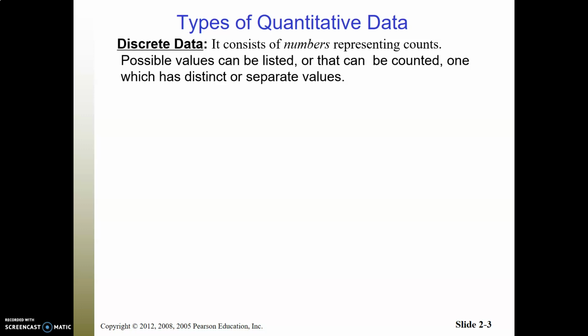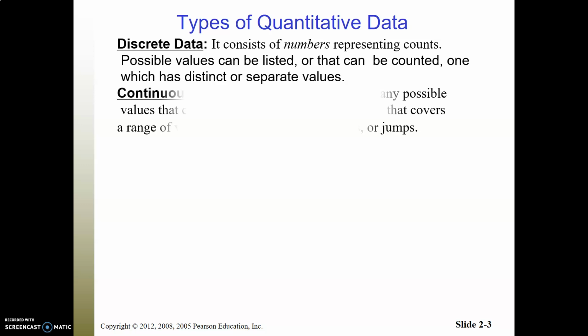For example, the number of students in my class, you can count them. The number of rooms in my house, the number of cars in your family, you can count them. These are data values which can be counted. They have distinct values. Either you have 2 rooms in a house or you have 3 rooms. You don't have 2.5 rooms in your house. There is nothing between 2 and 3. So it consists of whole values, and such data is called discrete data.